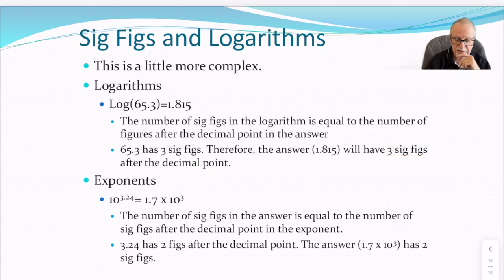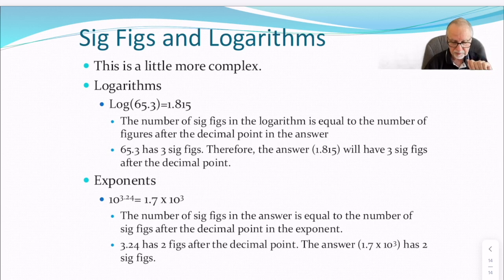All right, so that's it. So 3 sig figs is going to be converted to 3 sig figs after the decimal point. Notice that number has 4 sig figs, but it's the numbers after the decimal point that are included. All right, so that's the deal with logarithms.